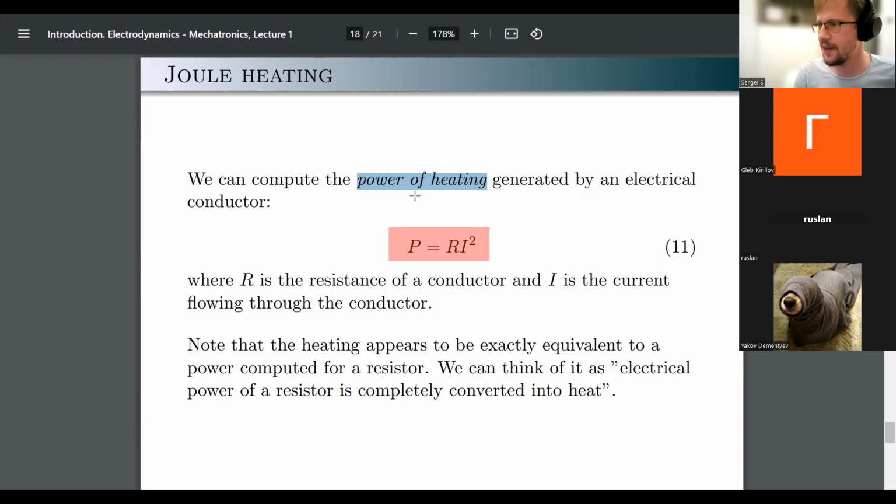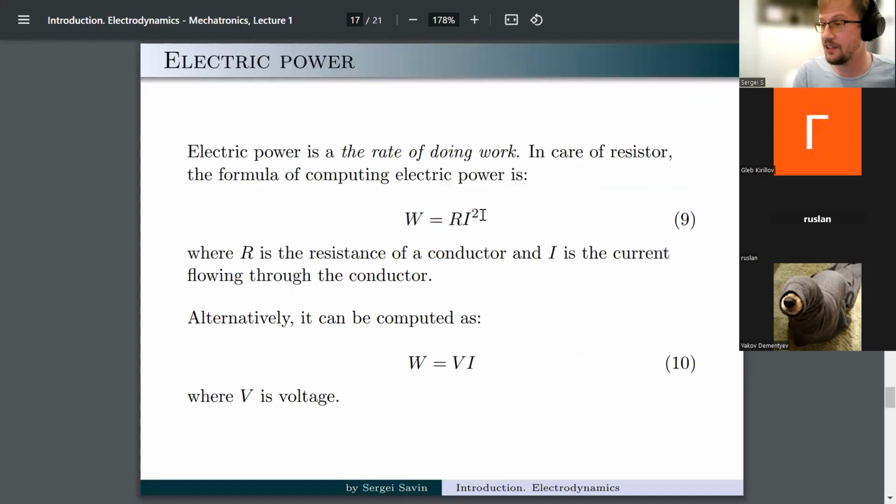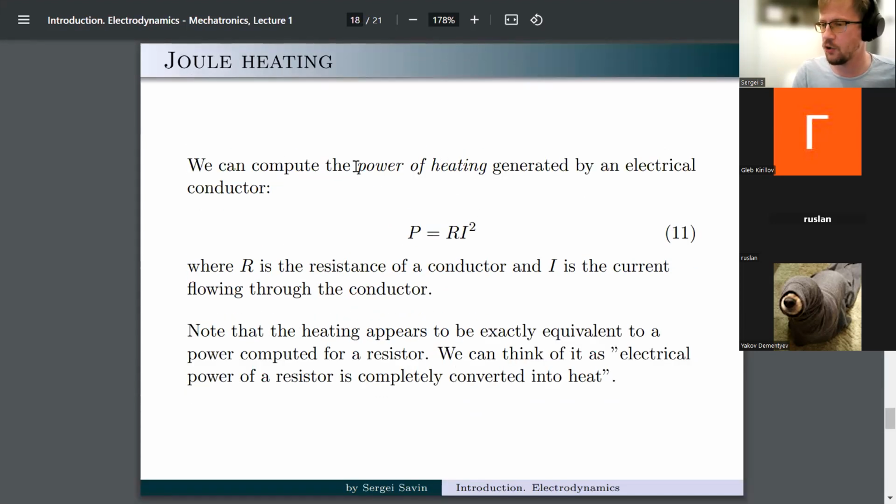So it is useful. But especially it is useful because you understand now what we mean by the power of a resistor. The power of a resistor is essentially the same as power of heating. The only work that a resistor does is transfer electrical power, like electricity, into heat. So it dissipates heat.